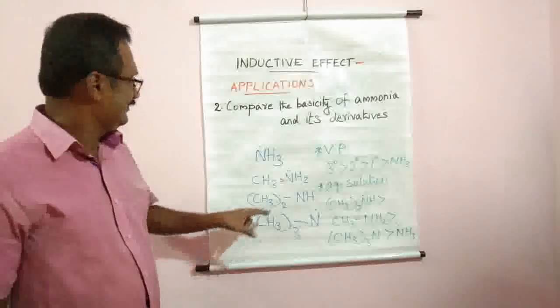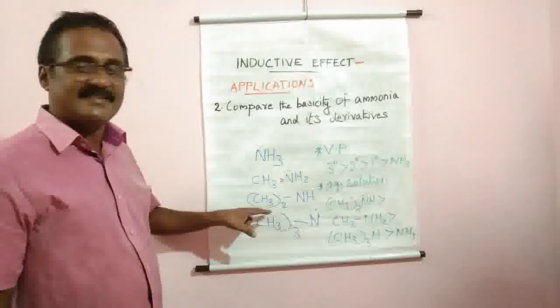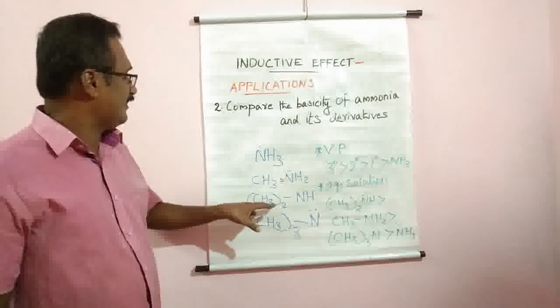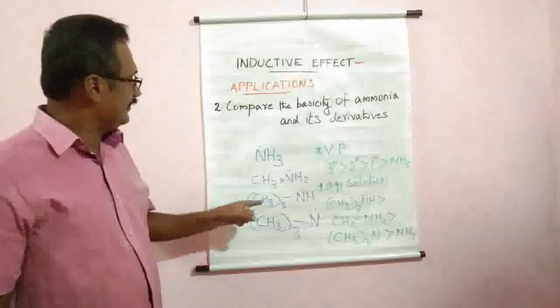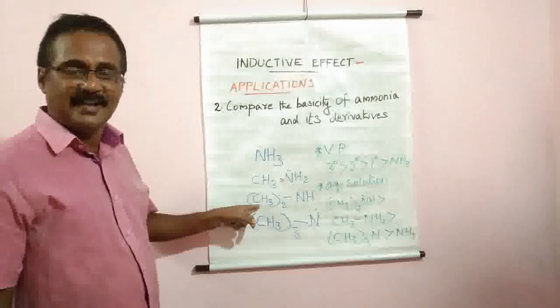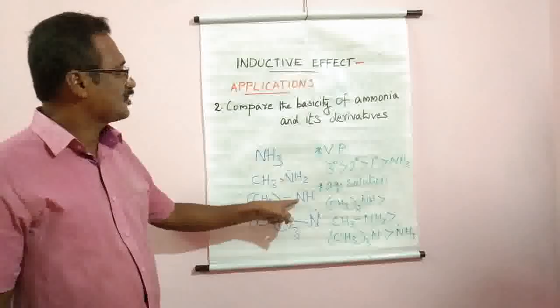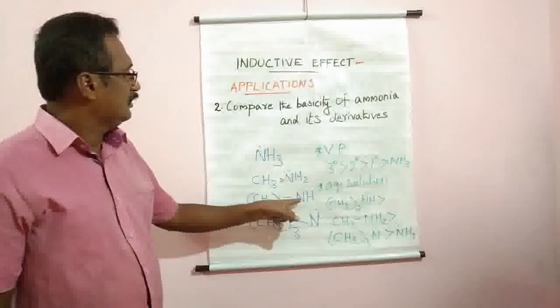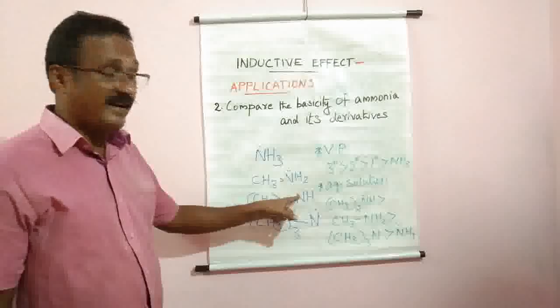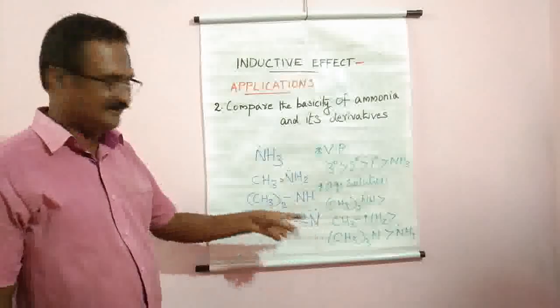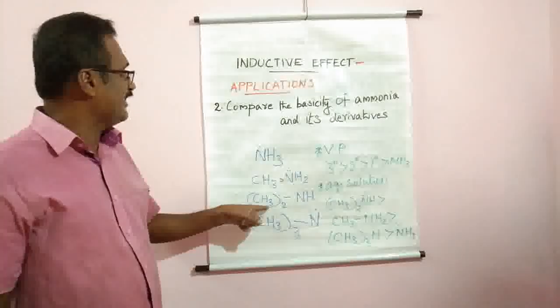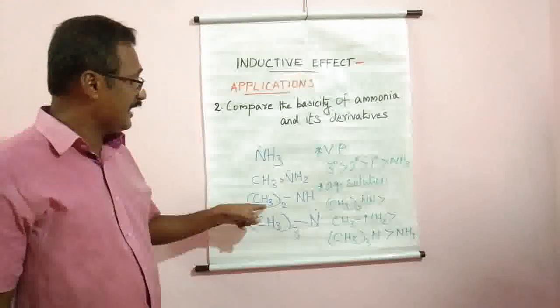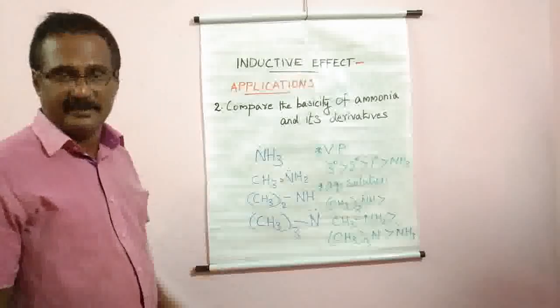Got it? In the case of dimethylamine, there are two methyl groups having plus I effect. So the availability of electron pair on nitrogen again increases. So dimethylamine is more basic than methylamine.